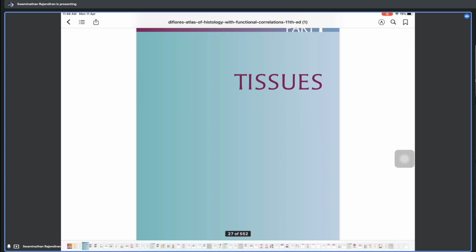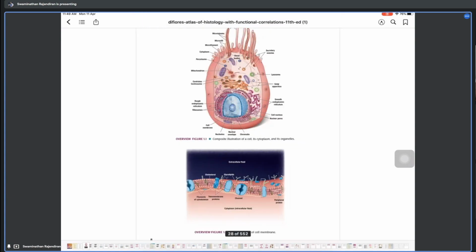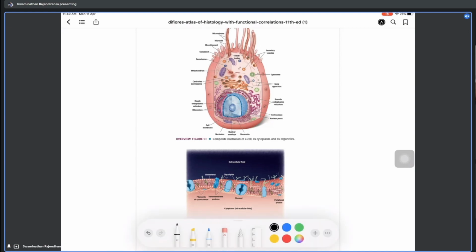What you start doing is, the minute you take this book, you start reading. What are these? These are all not necessary. The only thing you have to remember is, each cell has a cell border, then the cytoplasm, then the nucleus. This is the cytoplasm and this is the nucleus. So only three things you have to remember in any cell.